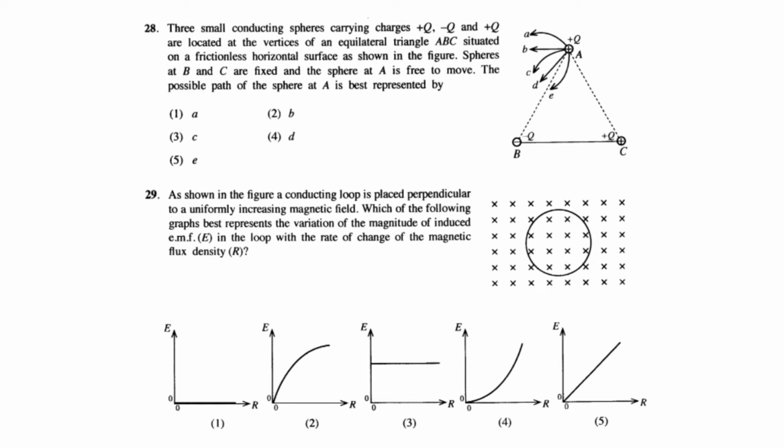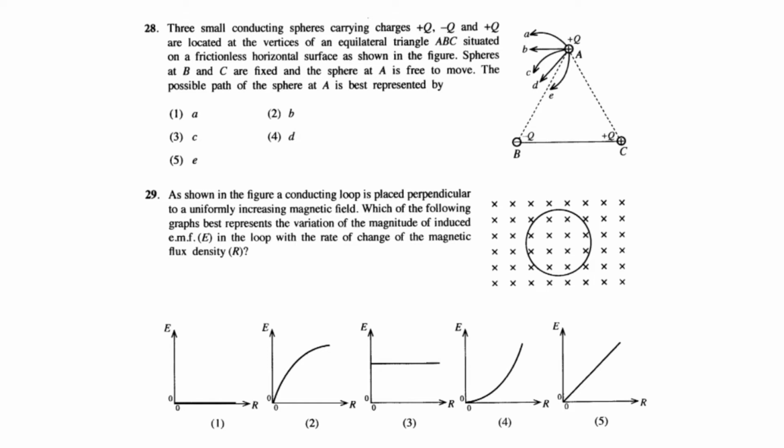Phi is the magnetic flux and phi is given by BA, where B is the magnetic flux density and A is the area covered by the loop. By substituting BA for phi, we have E equals delta(BA) over delta t.